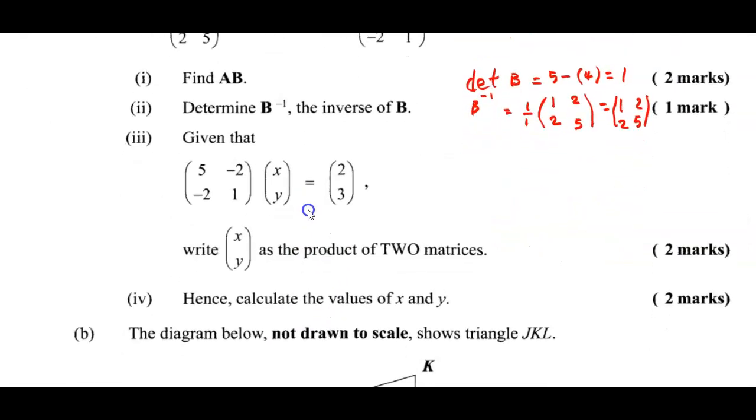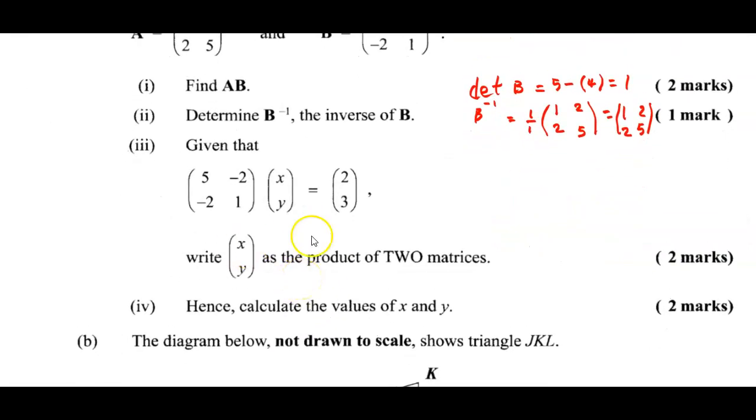So we're going to write it out fully. We're going to have the matrix B, which is 5, minus 2, minus 2, 1.